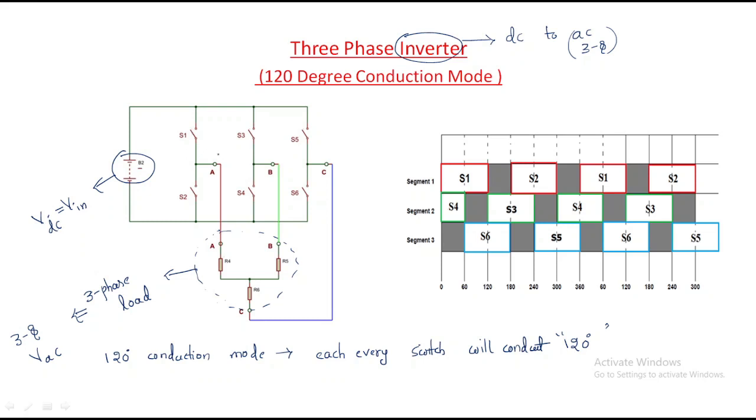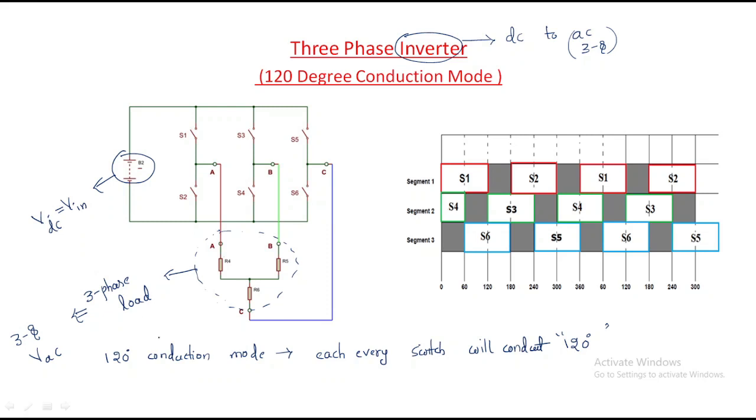We have 6 switches. This is a three-phase system, and the three phases are A phase, B phase, C phase. For A phase we are using 2 switches S1 and S2. For B phase we are using S3 and S4. And for C phase we are using S5 and S6.